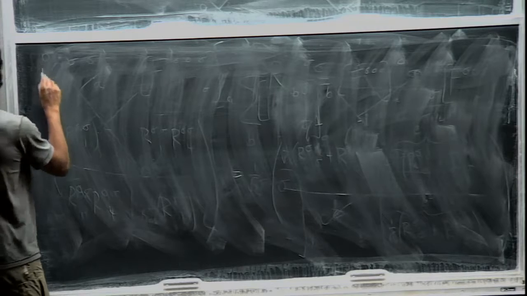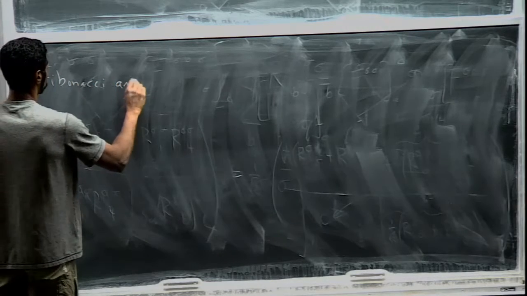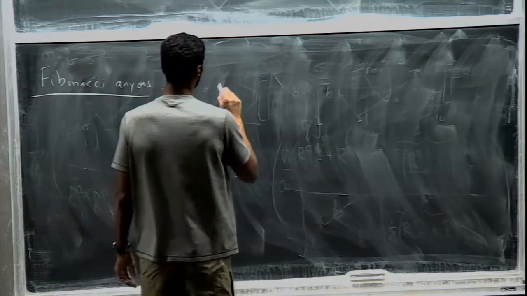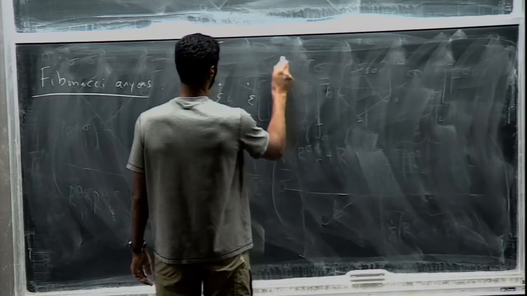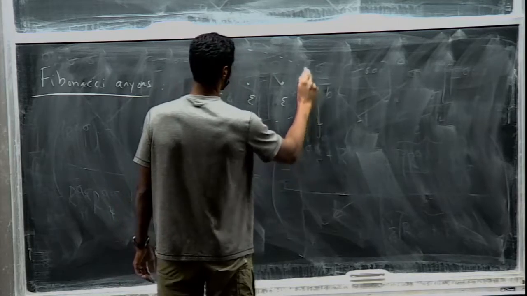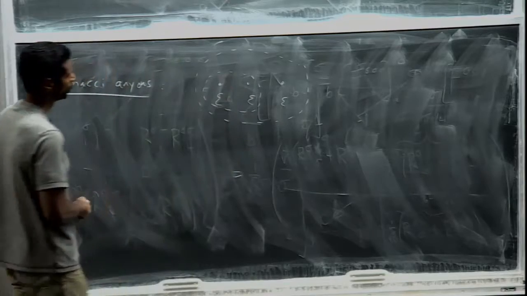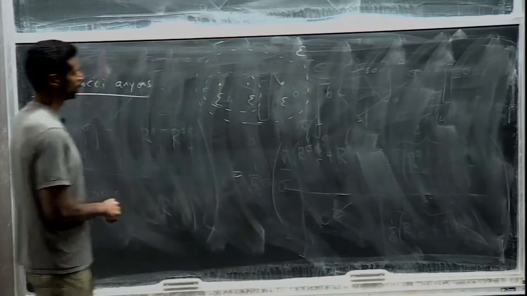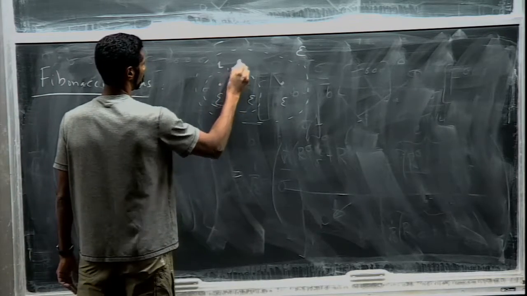On the other hand, for Fibonacci anyons, the dense encoding has 3 Fibonacci anyons whose total topological charge is epsilon, and these two are 1 or epsilon.